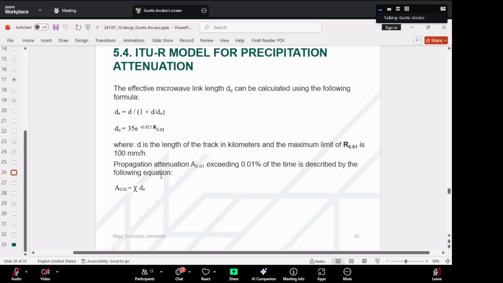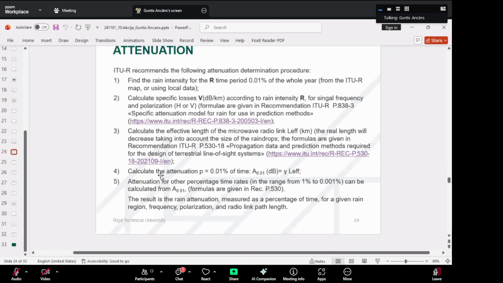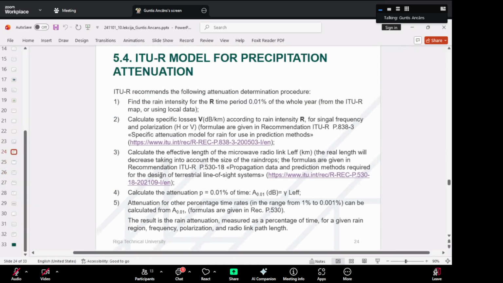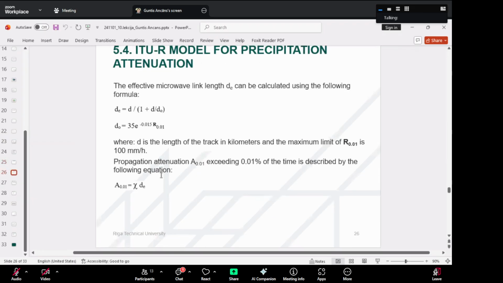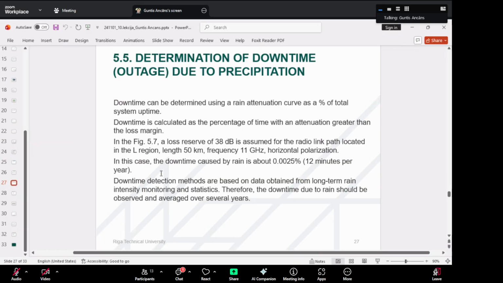In figure 7, basically, in the example, a loss reserve of 38 decibels was assumed for the radio link path located in region L.